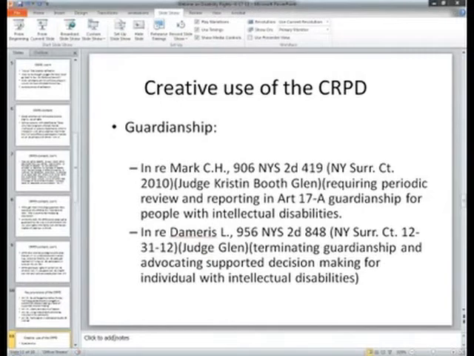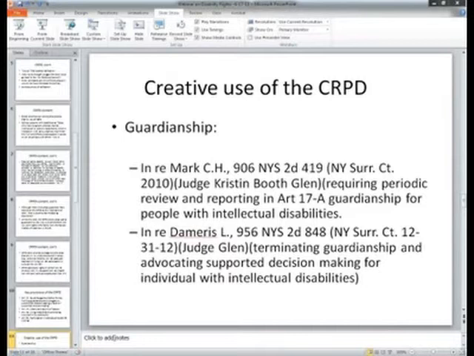Okay, so I entitled this slide "Creative Uses of the CRPD" because there have been, well, one judge at least, Kristen Glenn, who was a surrogate judge in New York State, has been using the CRPD or mentioning the CRPD in some of her decisions, actually 2 decisions in particular.